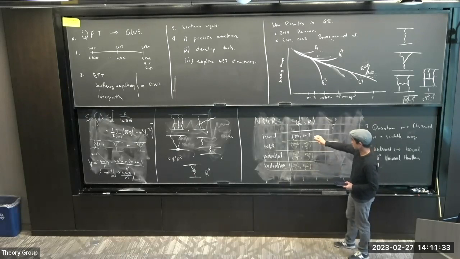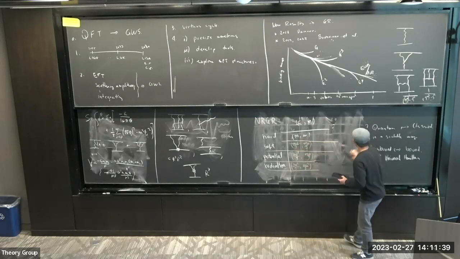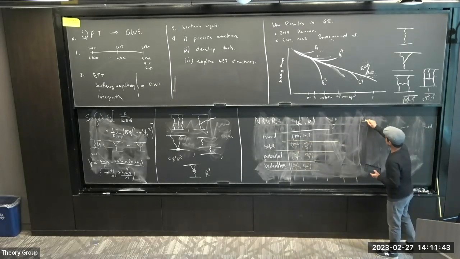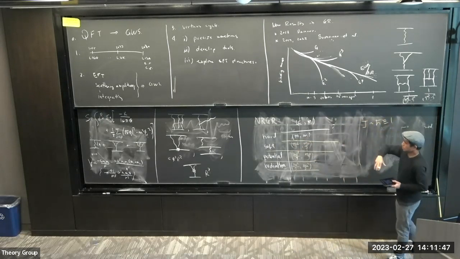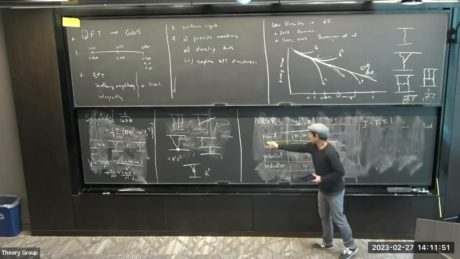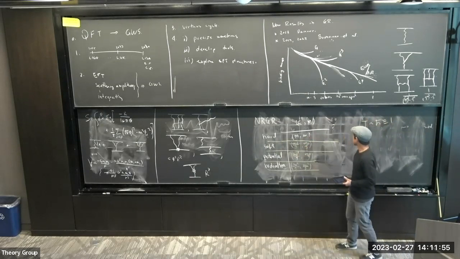So notice here I've done something that we don't normally do for bound states of hydrogen and so on, which is I've written out the J. Because for those kinds of bound states, J is just order H bar, which we set to 1. So when we look at, say, a QQ bar bound state in HQET, H bar is 1, and then we just expand in these small parameters.